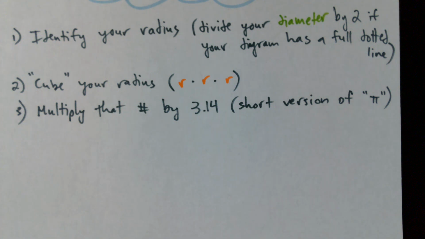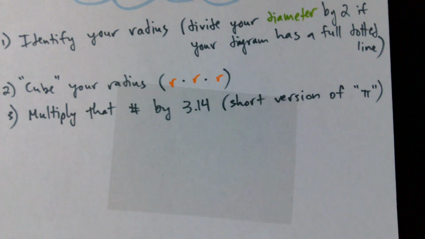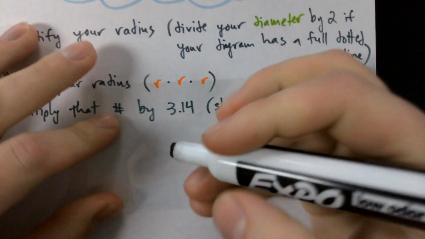If you ever forget what pi is equal to, here's how you can remember it. 3.14 is pi, right?